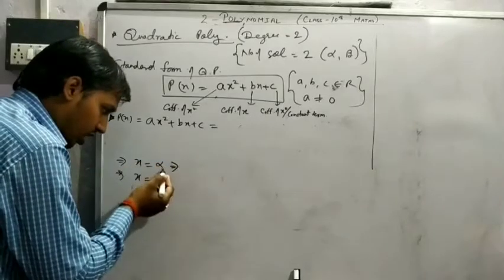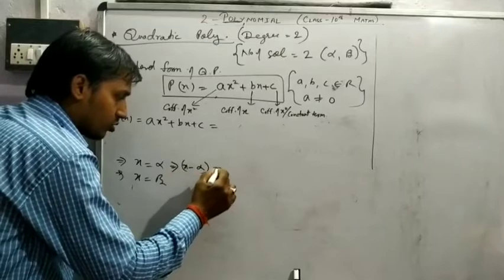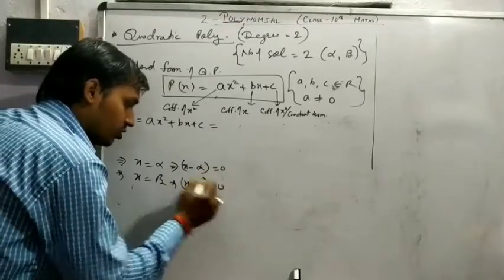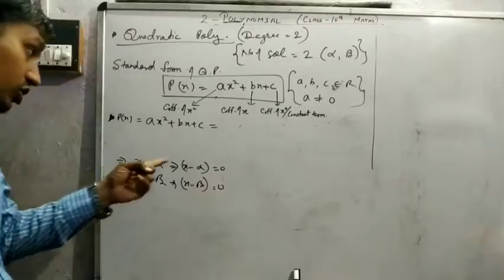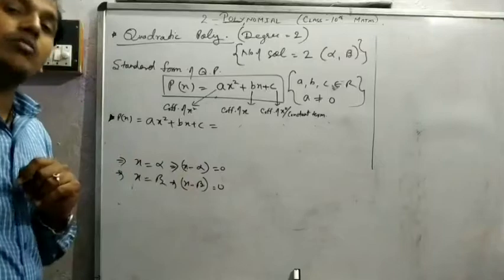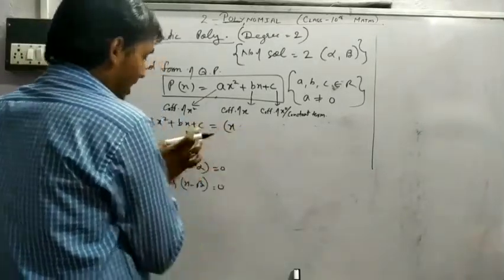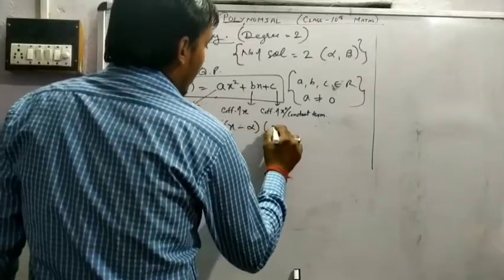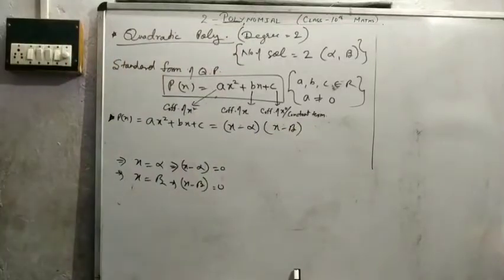So send alpha to the left side: x minus alpha should be 0, x minus beta should be 0. This means both are factors of the given polynomial. So if we factorize, we get x minus alpha, x minus beta.